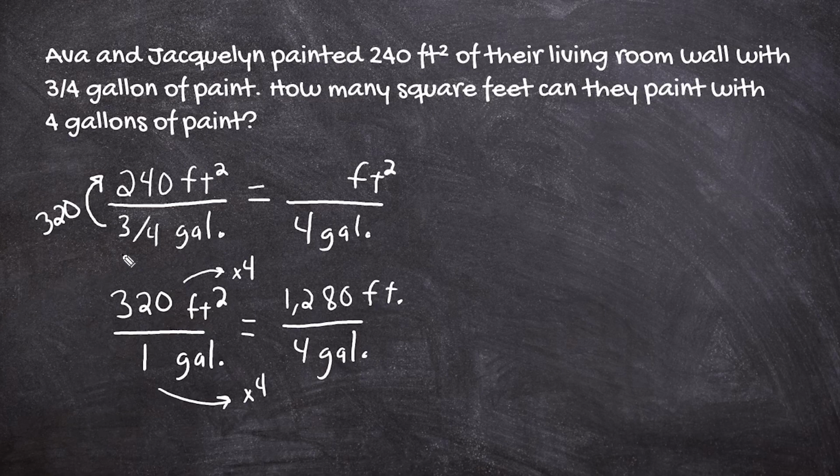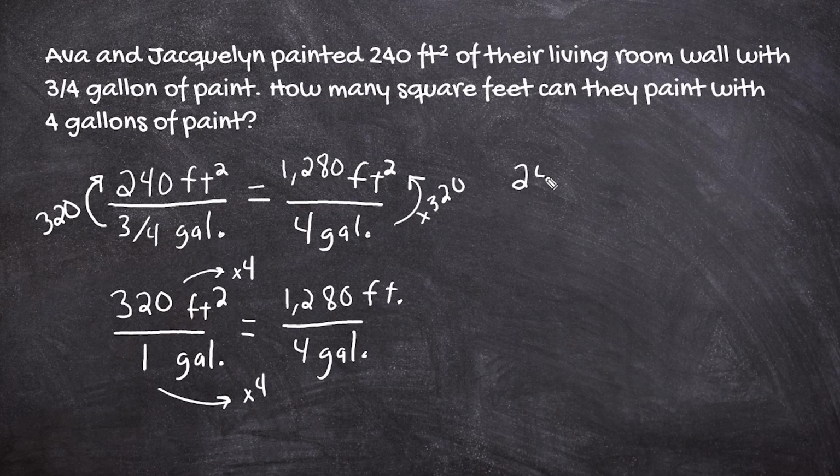If we multiply this constant of proportionality by our x value here at the bottom, that would end up giving us 240. And because these are equivalent rates, we can do the same thing over on this side. We can take 4 and multiply it by 320, which also gives us 1,280 square feet.